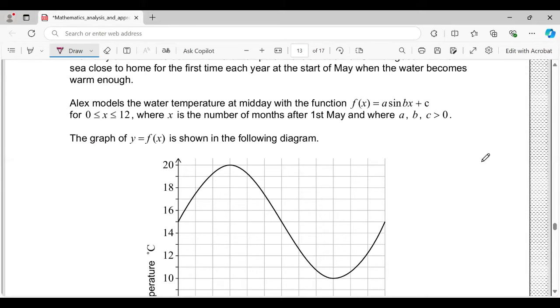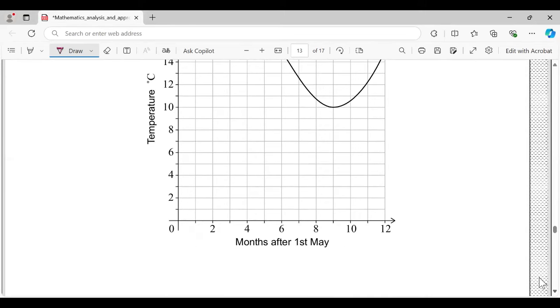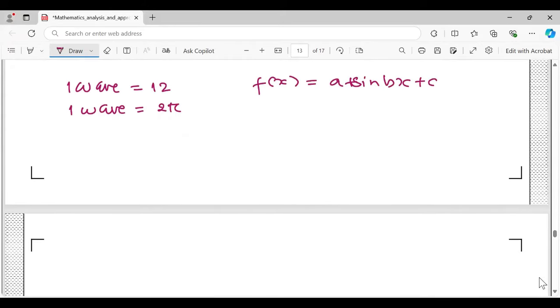So this b means 12b, because one wave is 12. 12b equals 2 pi, so b equals 2 pi over 12. b equals pi over 6. So proof that b equals pi over 6.